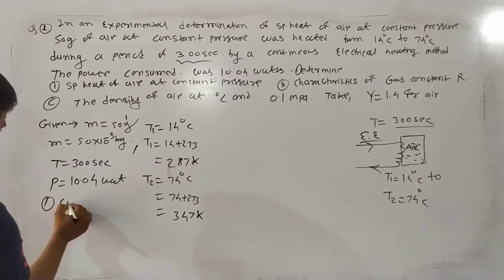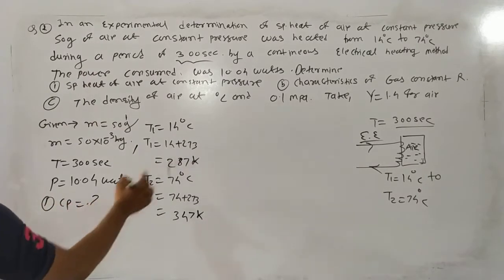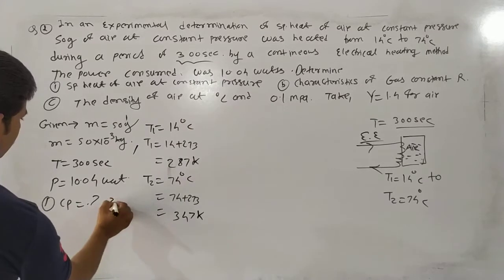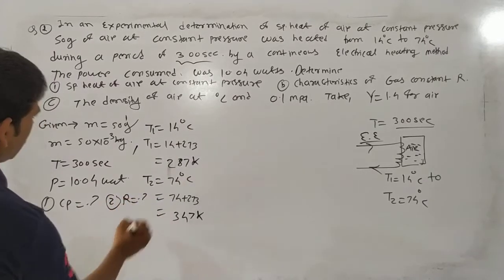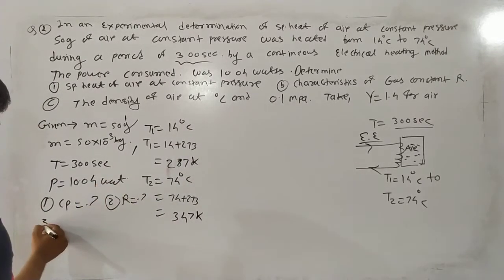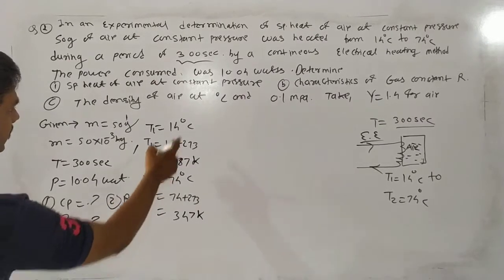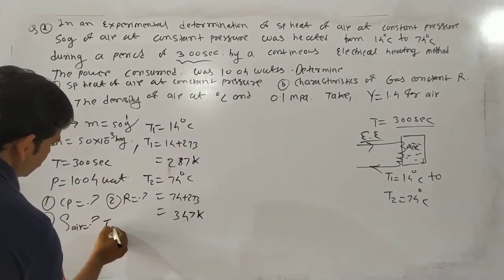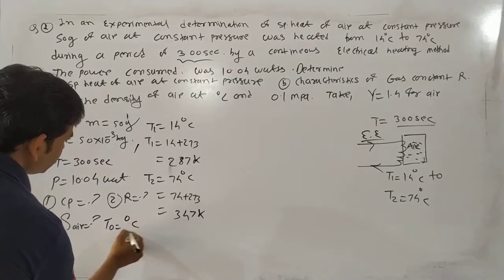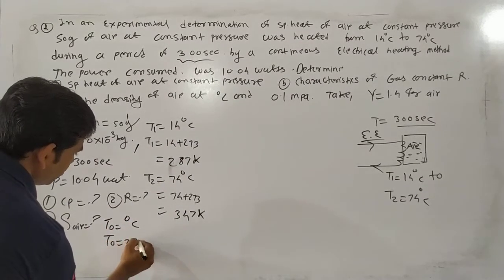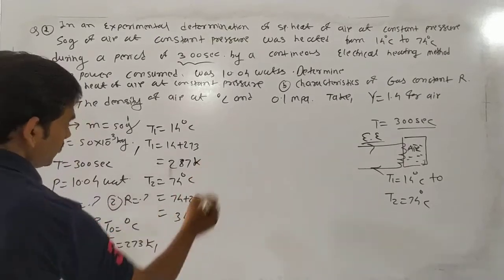Means first we determine the value of the Cp. Characteristic gas constant, means second we determine the value of the air R, and third is the density of air. At which condition? At 0 degree Celsius. Means T0 is given, 0 degree Celsius, means it is 273 Kelvin. And what is the pressure?